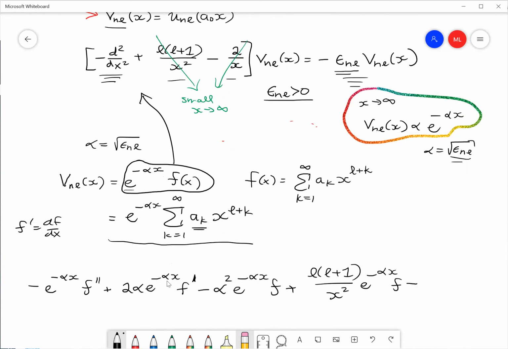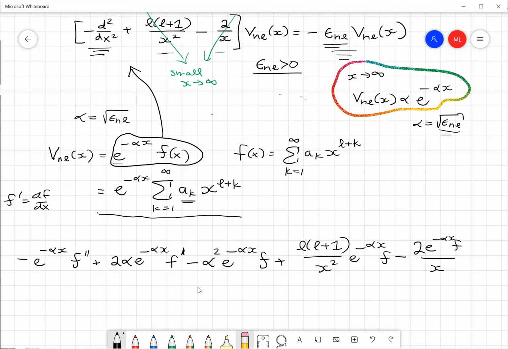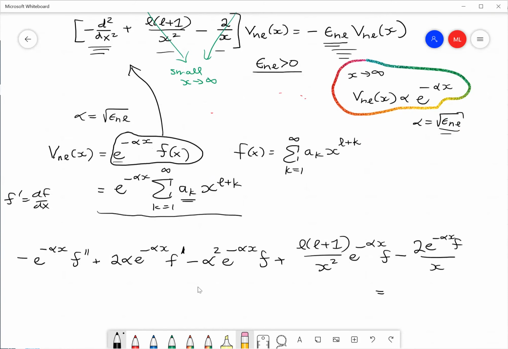We've got the minus 2 e to the minus alpha x f over x. And then we have the other side of the equation, which is just minus, this is alpha squared now, because alpha squared is epsilon, e to the minus alpha x f.